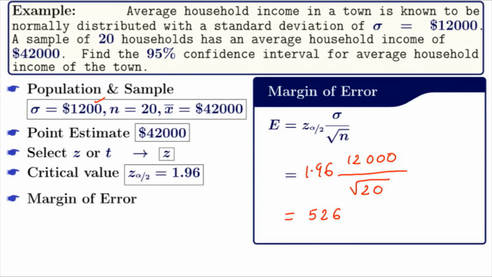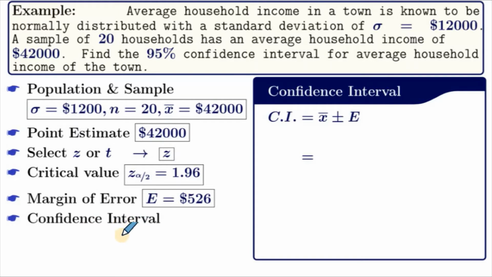So finally, we can calculate confidence interval. Our X bar is 42,000 plus minus our margin of error, which is 526.